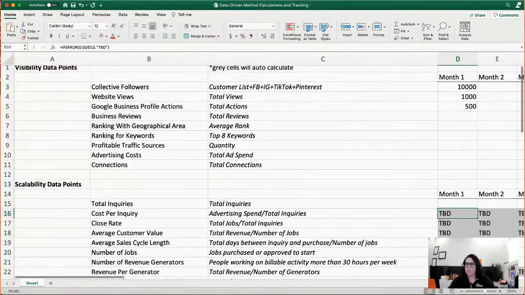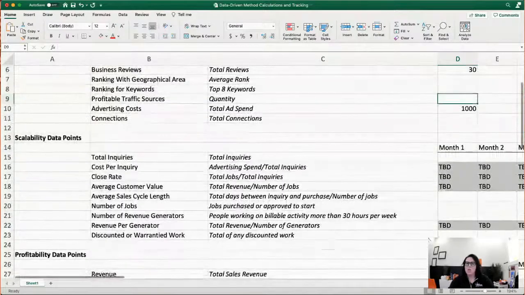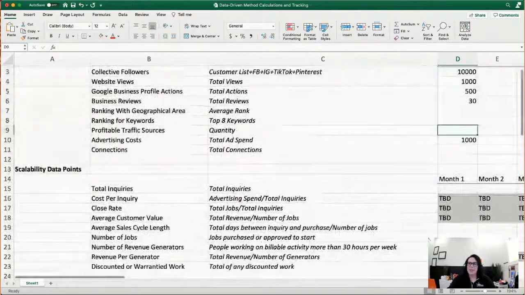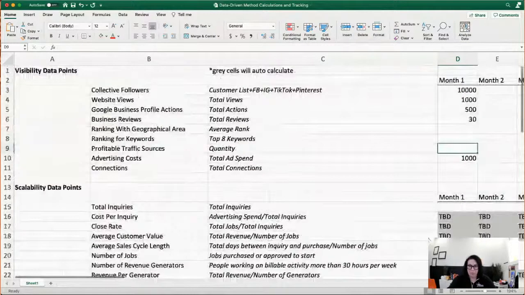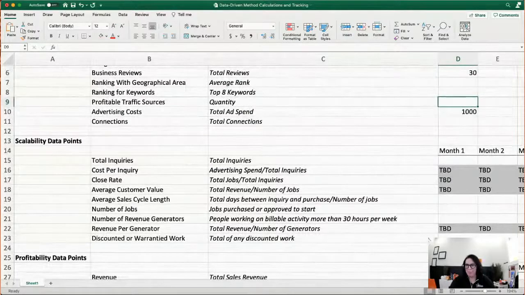So I'm just going to add in some numbers up top here. These ones don't get used. The reason I'm adding in some placeholder numbers up above is so that these formulas can actually calculate.